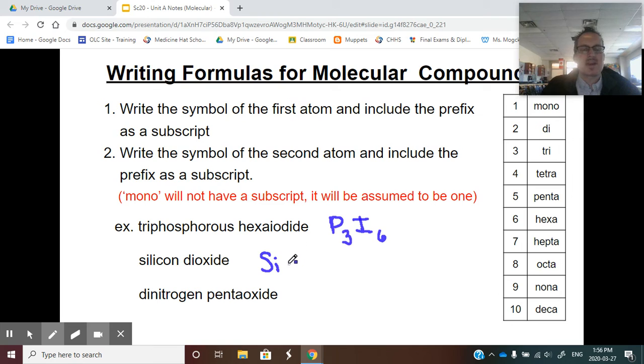It didn't have a prefix, which means it's a 1, so we're not going to write anything. Dioxide, so we're going to put in our O, and di means we have 2 O's. Dinitrogen, so nitrogen again, and di still means 2. And pentaoxide, oxide is oxygen, penta is a 5.